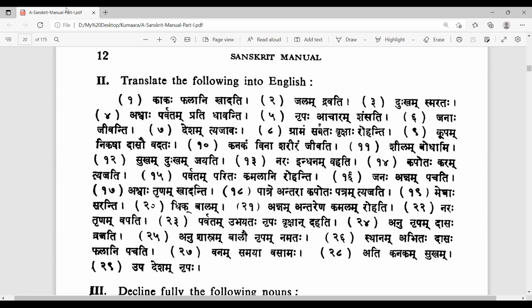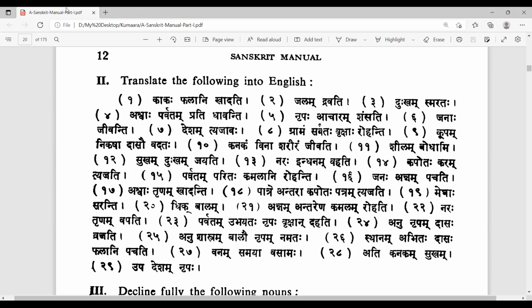That means they two. Who? Tau is not there, Kau is there. Kau smaratah. Kauchana, or kauchit, some two. Kauchana dukkham smaratah. Some two.